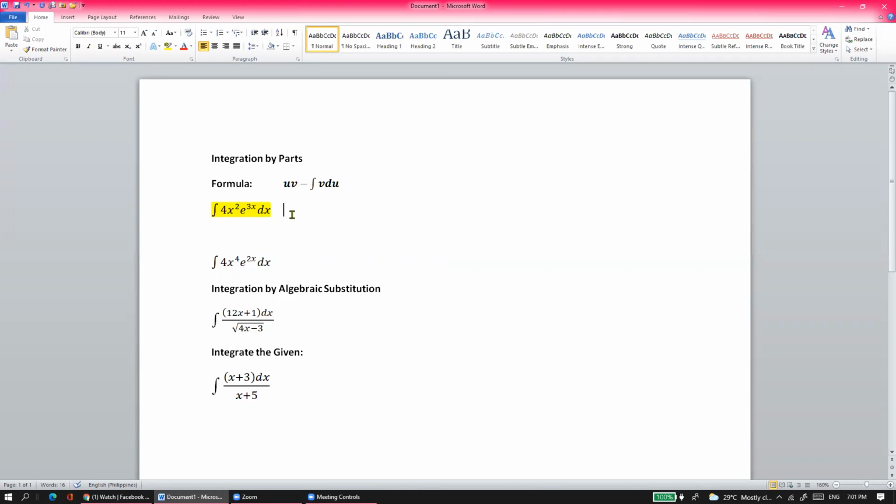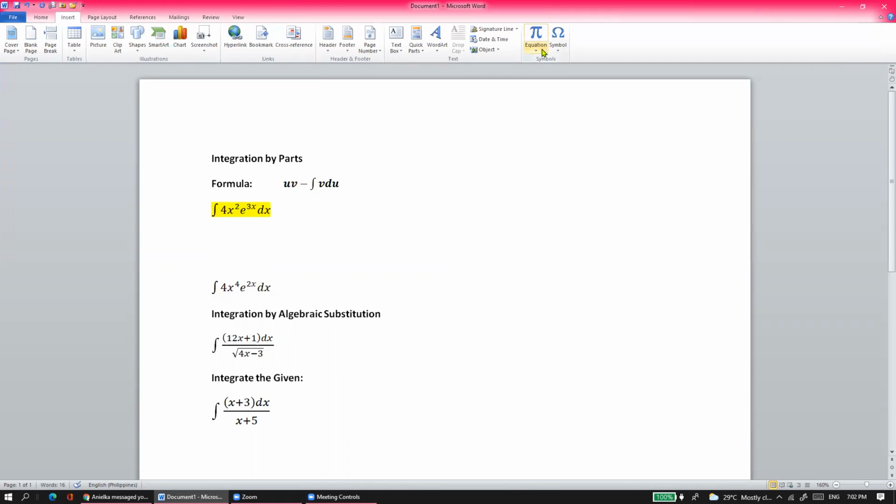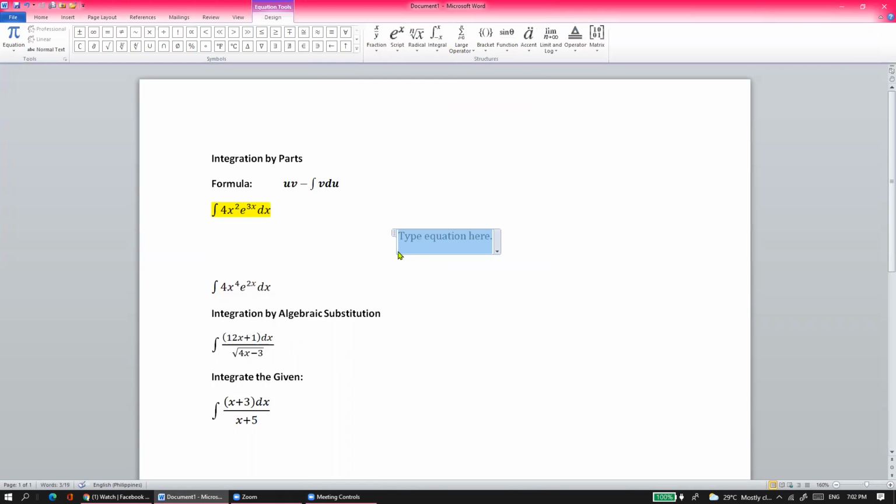Basically, ang pinipili ko dito ay yung kapag nag-tandem ang e to the 3x or whatever yung exponent, at saka yung coefficient na may x. So ang pipiliin ko dito is actually 4x squared. So let us just assume that u is equal to 4x squared.